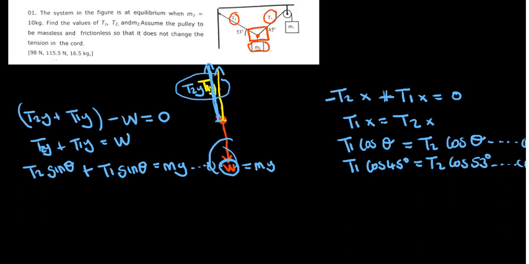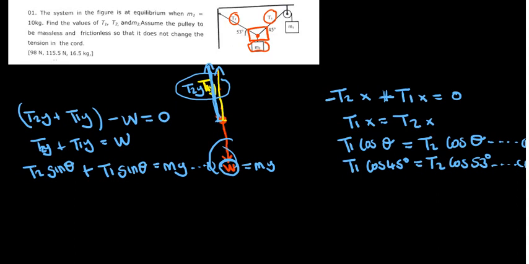Okay, so here we can try to simplify it. We can say T1 cos 45. If you just say cos 45, what's the answer? It's giving 0.707.